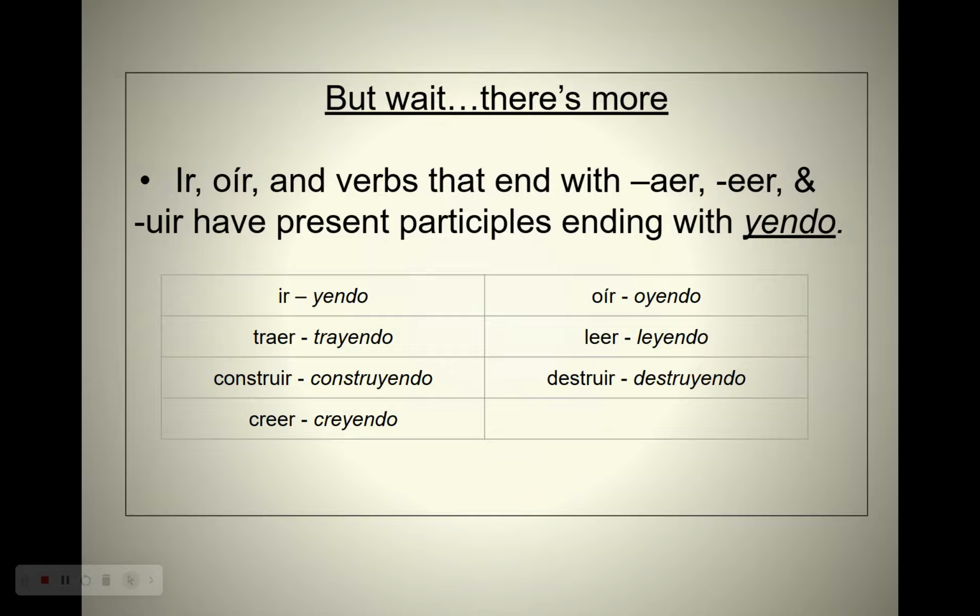Traer, to bring, we have trayendo, bringing. Construir, to build, we have construyendo, building. Creer, to believe, creyendo, believing. Oír, to hear, oyendo, hearing. Leer, to read, leyendo, reading. And destruir, to destroy, destruyendo, destroying.